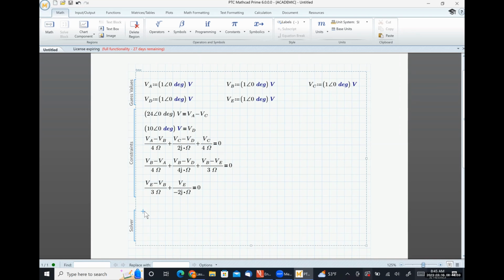I have all my equations written. So once we're to this point where we have all of our guess values established, all of our constraint equations written, now we can solve things, okay?